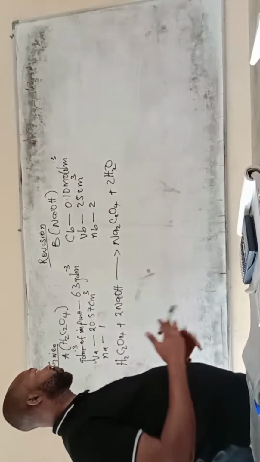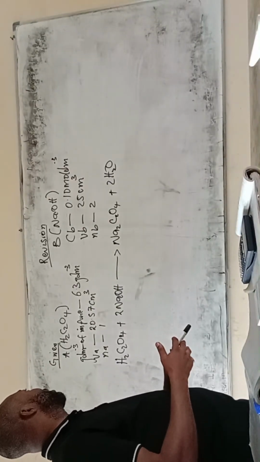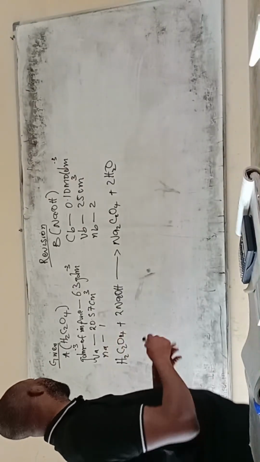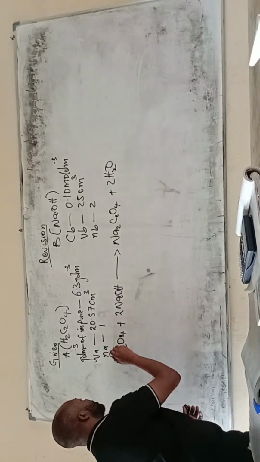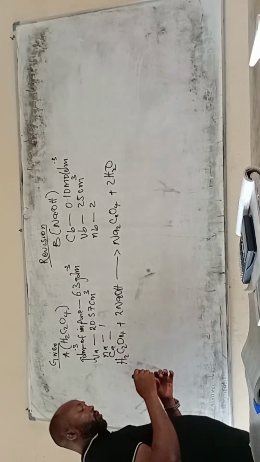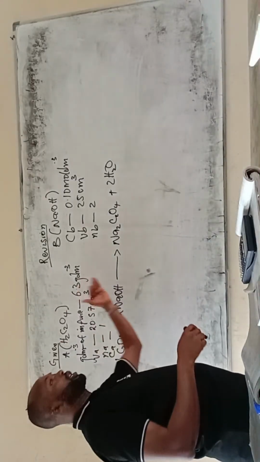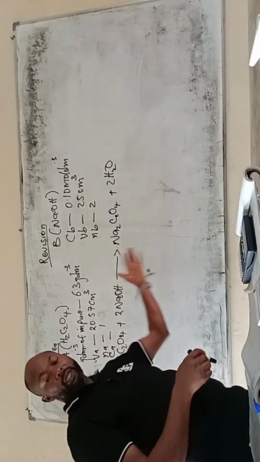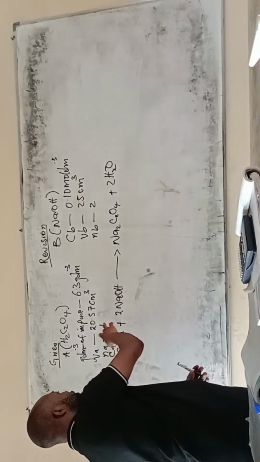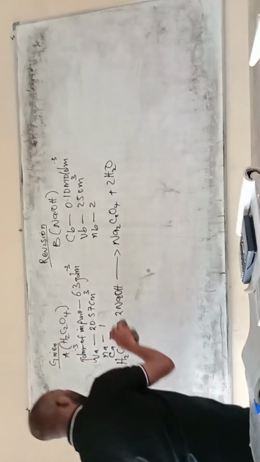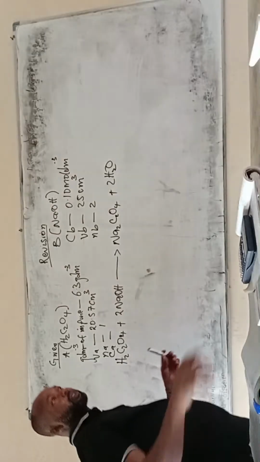So there are three formulas which you can use to that end. Now, our job is to calculate our CA, which we don't know now. So I can only start by bringing out the formulas.